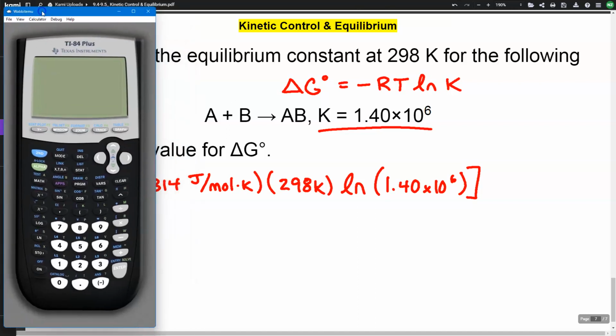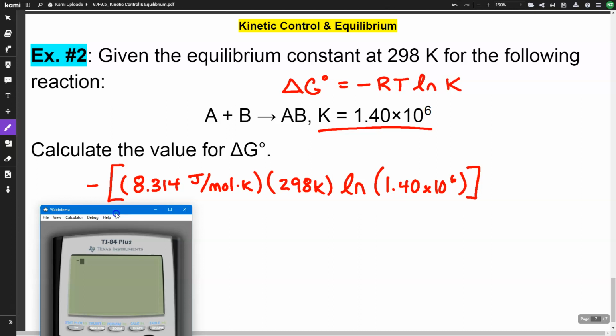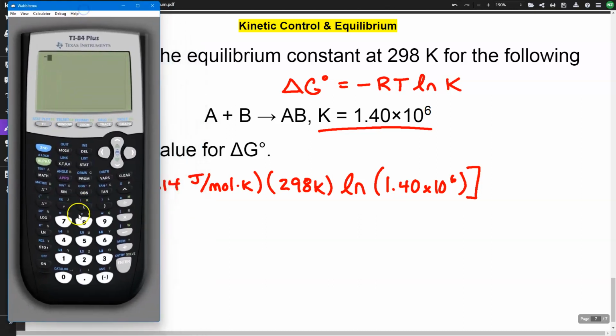I'm going to do negative, and I'm going to use two sets of parentheses. If you notice when I wrote it, I have brackets and then parentheses. So 8.314, and then I've got 298 Kelvin.